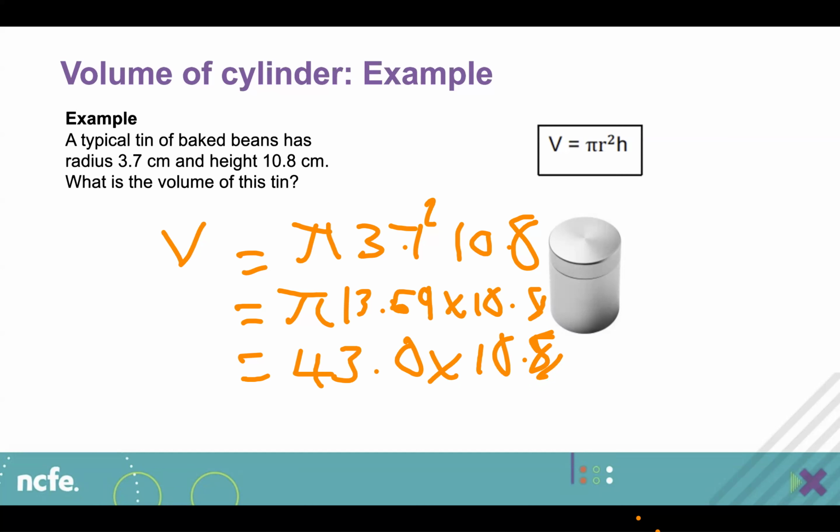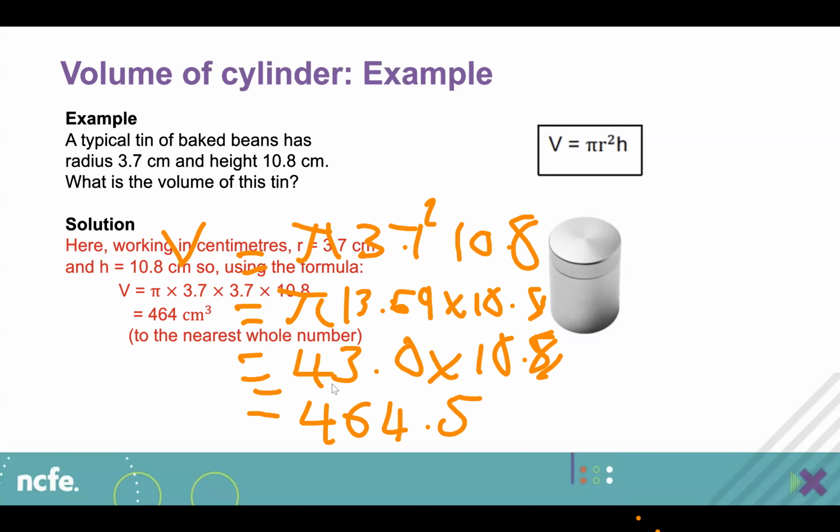This is all to one decimal place, which equals 464.5. So the answer would be 464.5. It should be, anyways. Let's see. Yeah. So to the nearest unit, it would be 464.